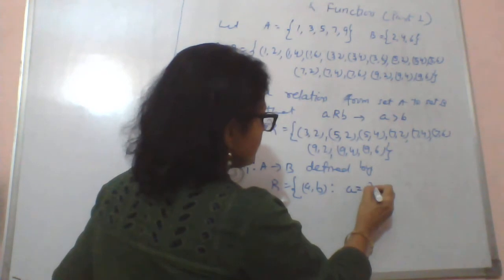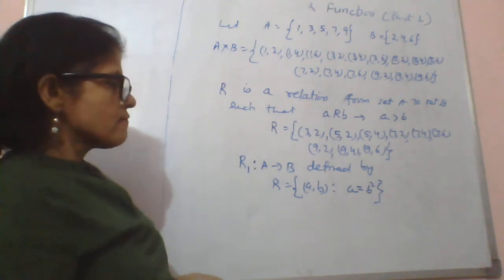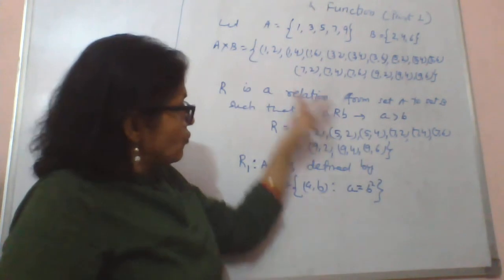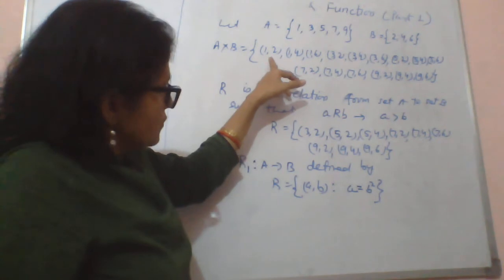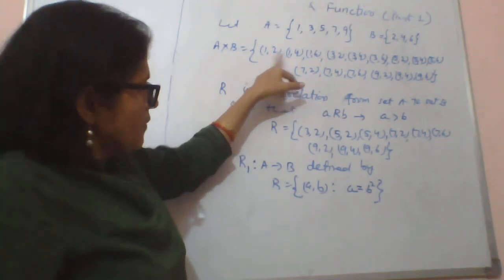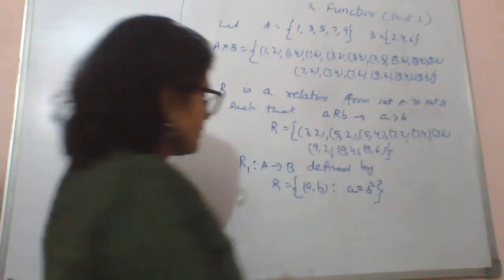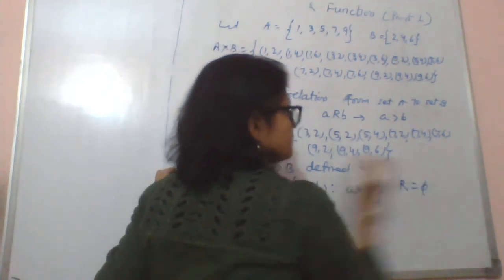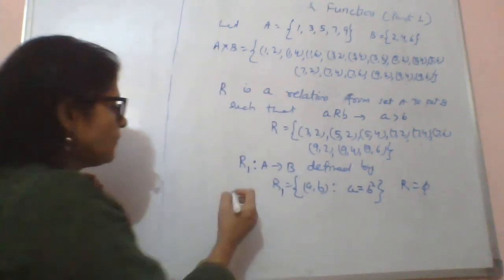So A is the square of B. See, the first object is the square of the second. Do we have such terms here? No, it will not happen, right? A equal to B square, we do not have any such element. So here R1 is empty, so this is called an empty relation. There is no such pair here.